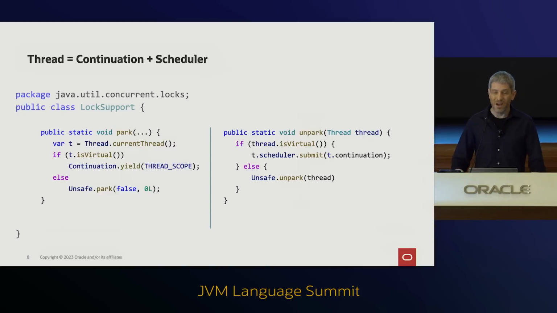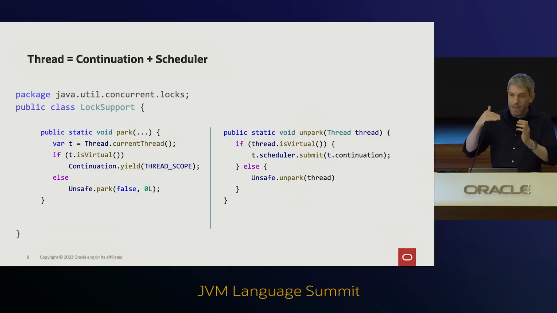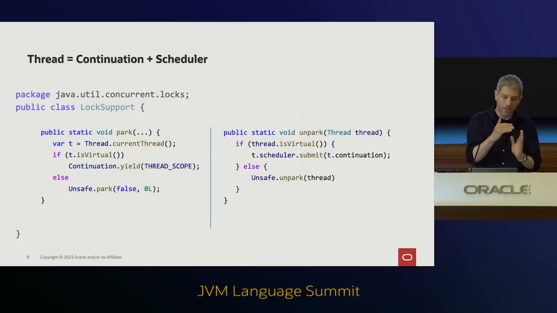It's a new task, but the next time the scheduler calls run, decides to schedule the task and run it, what's going to happen is that the continuation is going to continue. Continue from where? From the yield point. So after we submit to the scheduler, it will call run, yield would return, and then park will return, and that is essentially blocking, right? So park blocked, and now park returns, and everything goes on.